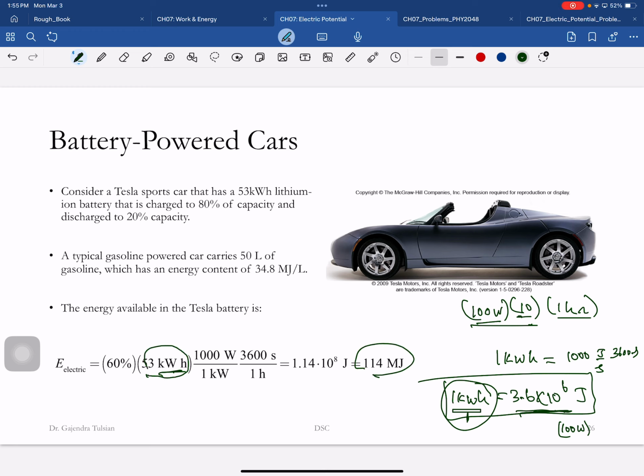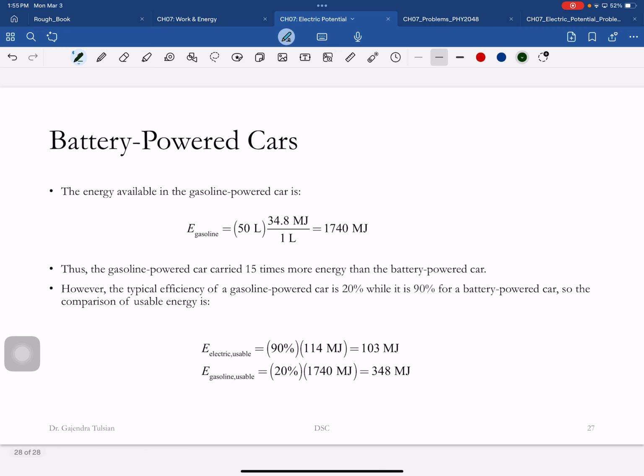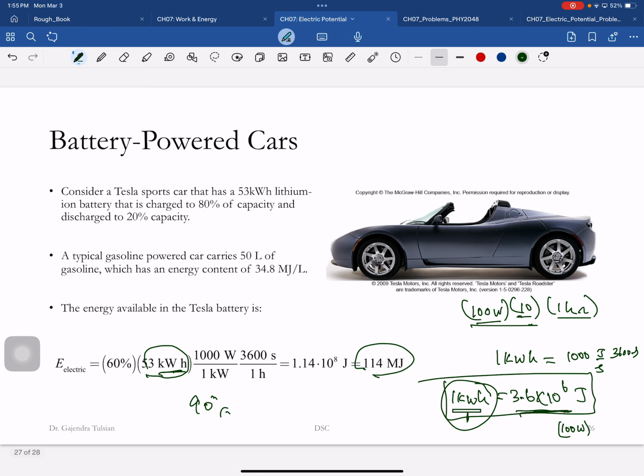That's how much energy you have. An electric car is 90% efficient, and with that 90% efficiency, you can get 103 megajoules of motion. This is the calculation for a gasoline tank.